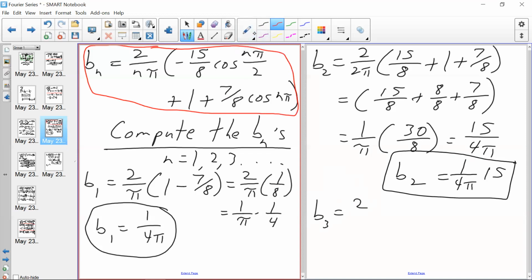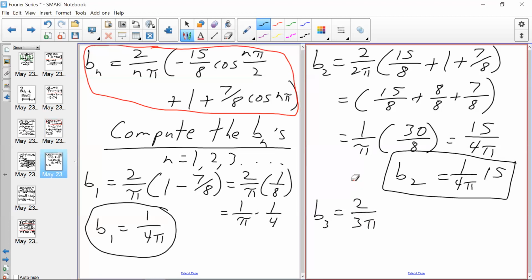So okay, so 2 over 3 pi, and that's going to be negative 15 over 8 cosine of 3 pi over 2.